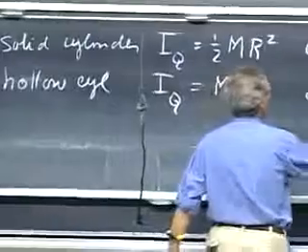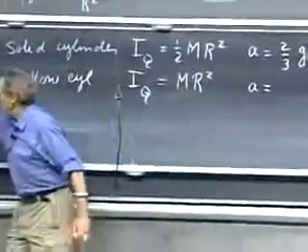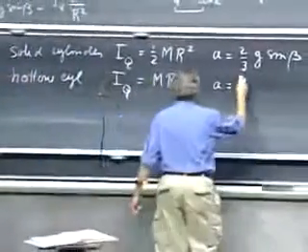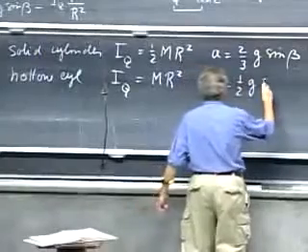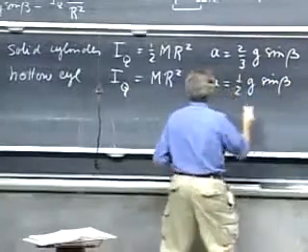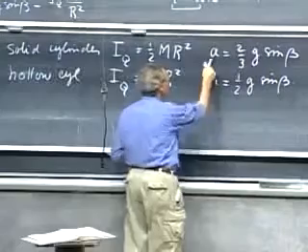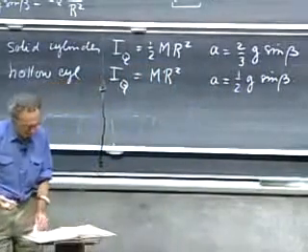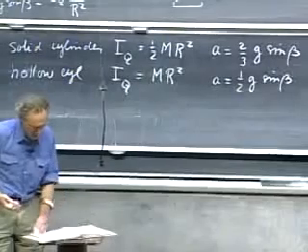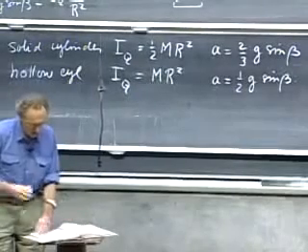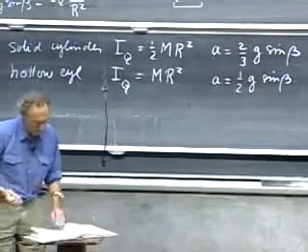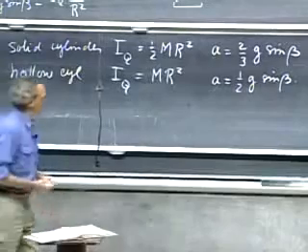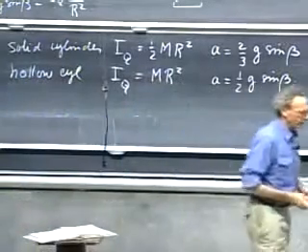And then the acceleration, if I substitute in here mR squared, I get a 2 there, equals 1/2 times g times sine beta. So this acceleration is less than this one. So the hollow cylinder will lose in any race against a solid cylinder, regardless of mass, regardless of radius, regardless of length.